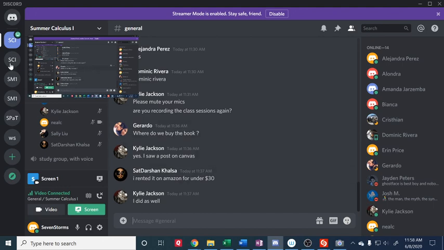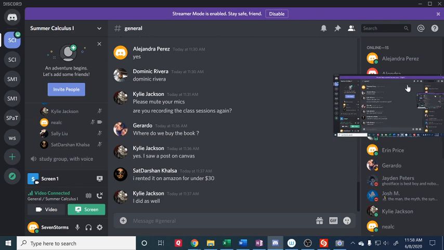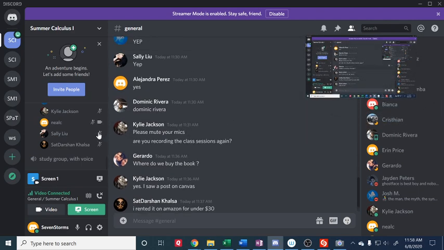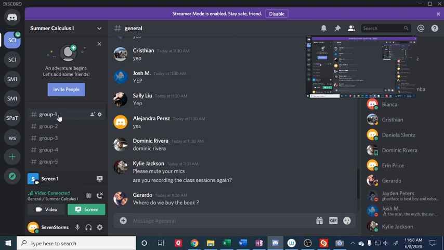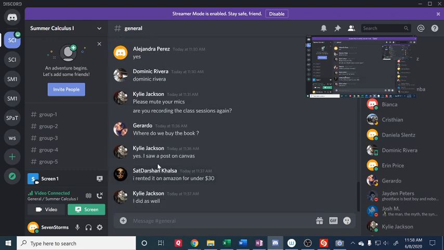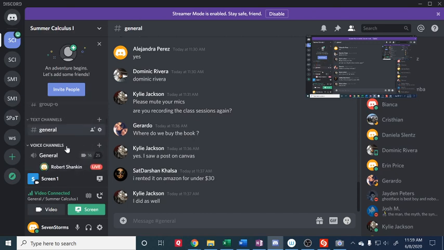All right, in Discord now, I'm going to tell you how we're going to be using this software. One of the ways we'll be using it. You see over on the far left here, I have group 1 through group 6. Everybody seems to have a microphone, and right now everybody is in the general text channel.